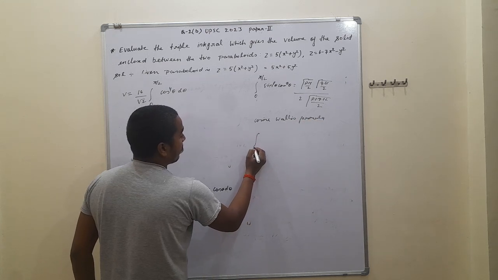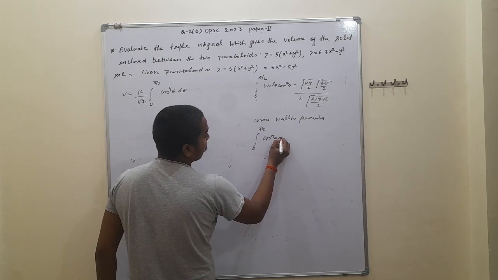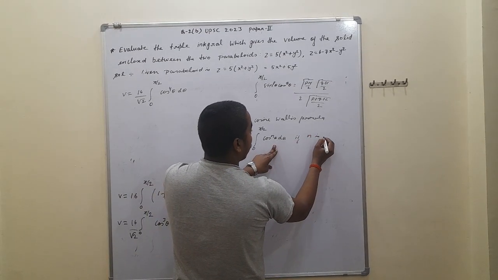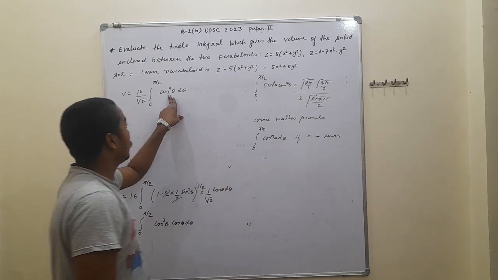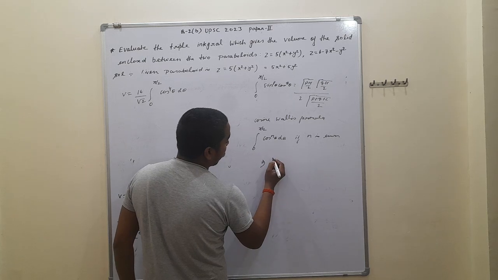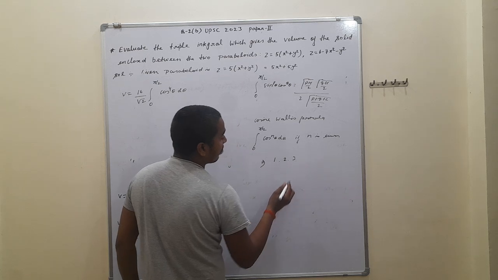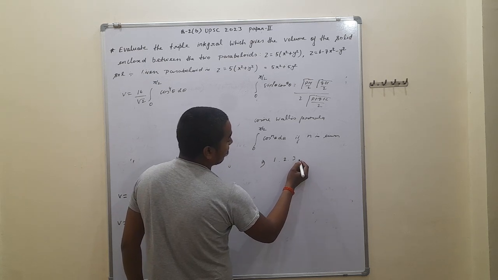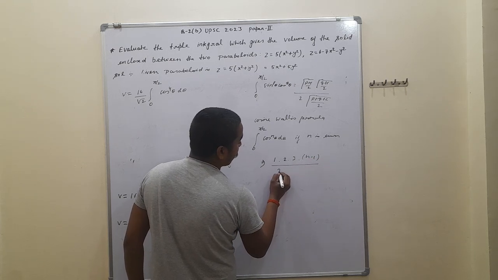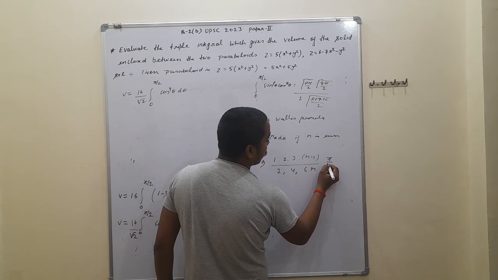The Wallis formula: for the integral from 0 to pi by 2 of cos n theta d theta, if n is even, the formula is (n minus 1) upon n, times (n minus 3) upon (n minus 2), and so on, down to 1 by 2, into pi by 2.